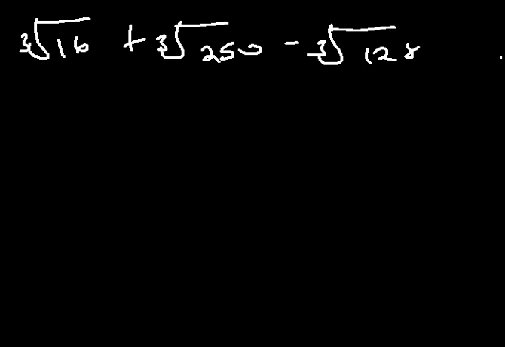Since we have cube roots, we should think about the perfect cubic factors. So what is the pair of factors? By the way, do we have a direct value for the cube root of 16? We do not, because 16 is not a perfect cubic factor. 250 is not a perfect cubic factor, and 128 is also not a perfect cubic factor.